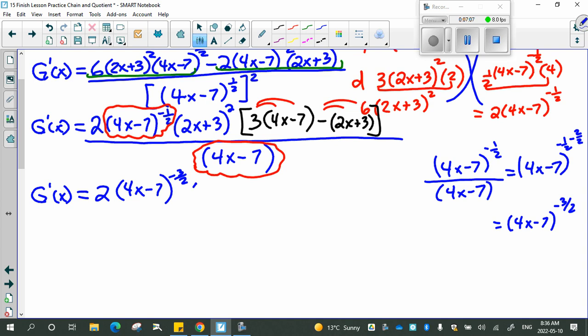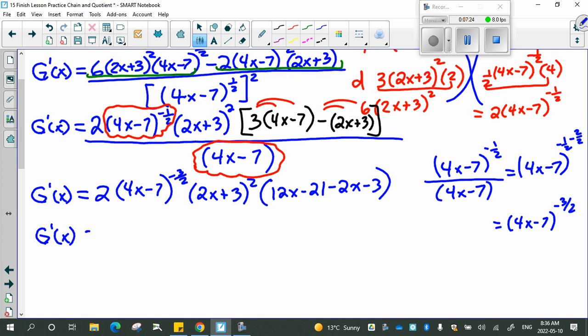Then I've got my 2x plus 3 squared. And then I've got, so if I distribute here, 12x minus 21 minus 2x minus 3. And I took care of the denominator because I divided these.